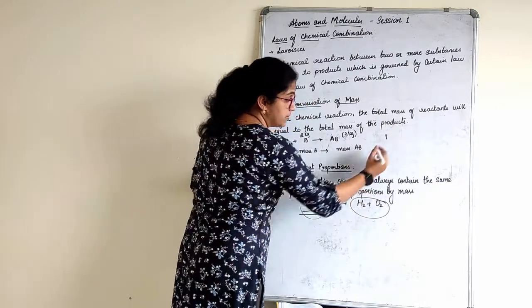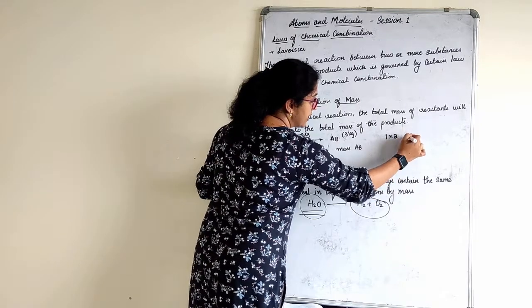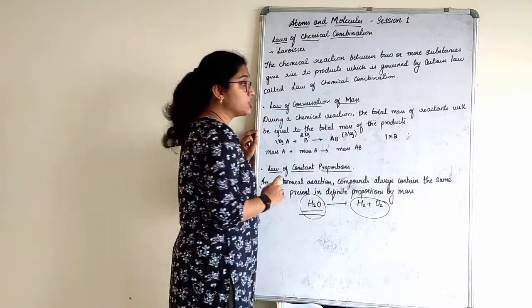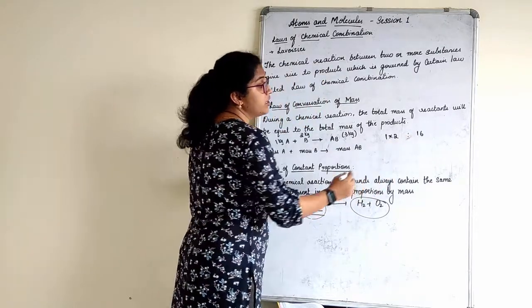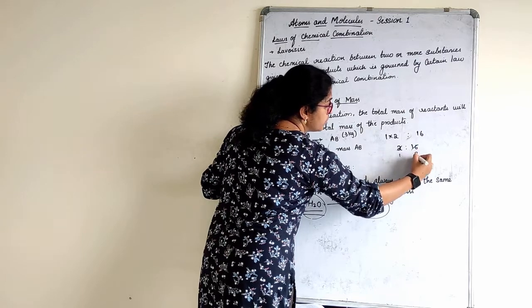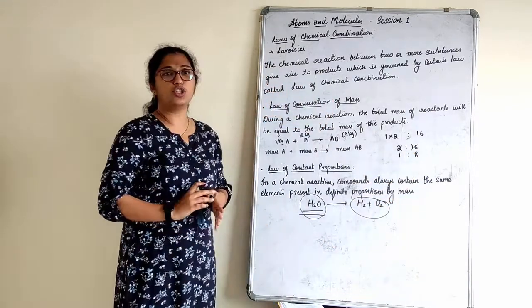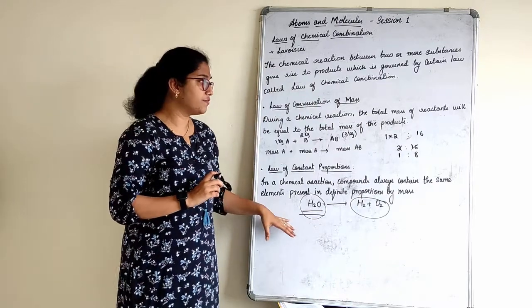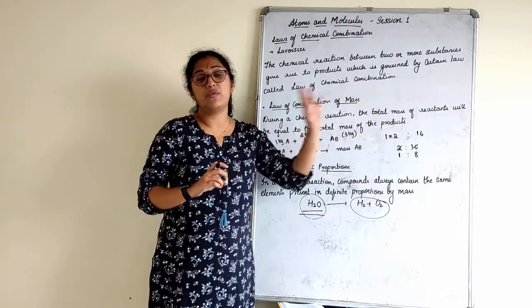So how many atoms are there? 2. Not plus, we just check the ratio here. The mass of oxygen is 16 actually. So here it is 2 is to 16, that is 2 ones and 2 eights. So the ratio of hydrogen to oxygen in water will always remain 1:8.